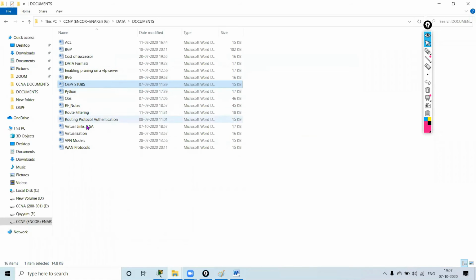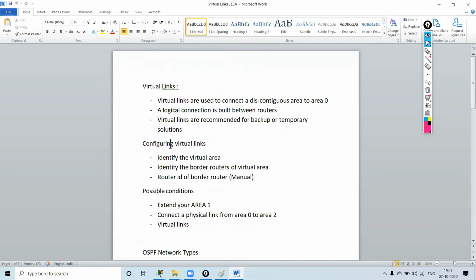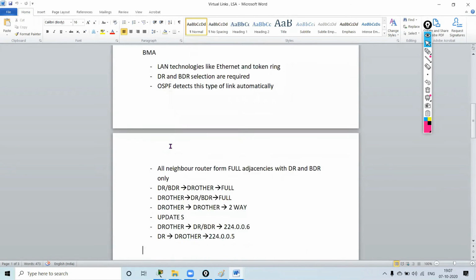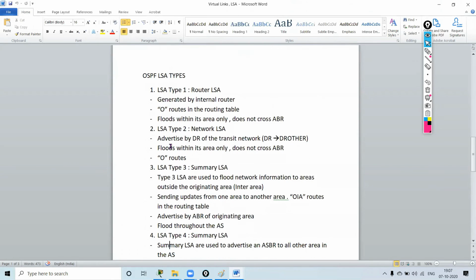OIA is LSA type 3, right? These are LSA type 3 routes. OSPF stub will stop LSA type 5, whatever the external routes are that are coming.